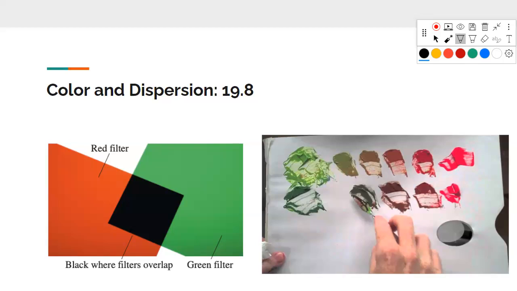If we mix them together, then we reflect both red and green, which the human eye perceives as brown. So you can see some examples of mixing red and green here. So this is the difference between additive and subtractive color addition, which, I don't know, if you're interested in art, you may have heard about. So it's just a function of, is the light being transmitted or is the light being reflected in the situation?